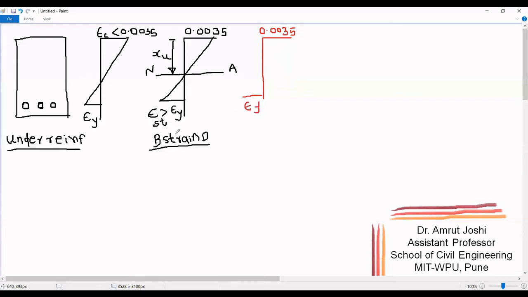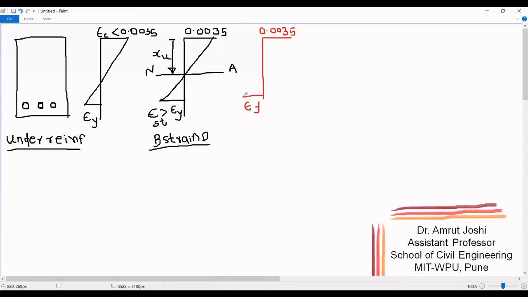So as you can observe, the value of strain in steel in the under reinforced section at failure is greater than epsilon y, whereas for the balanced section it is equal to epsilon y. Whereas the value of extreme compression fiber strain is the same.